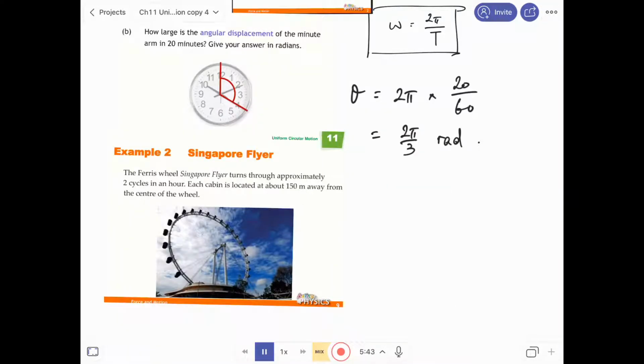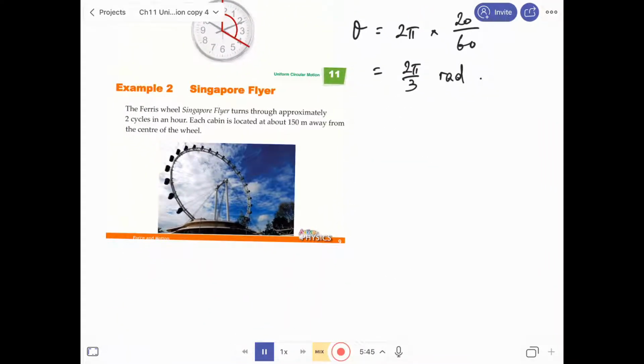Let's do a little bit more complicated example. Now suppose I have a Ferris wheel that turns roughly 2 cycles in 1 hour, and each cabin is 150 meters away from the center of the wheel. So here we have 2 questions. First question, what is the angular speed of the Ferris wheel? And the second question, what is the linear speed of each cabin?